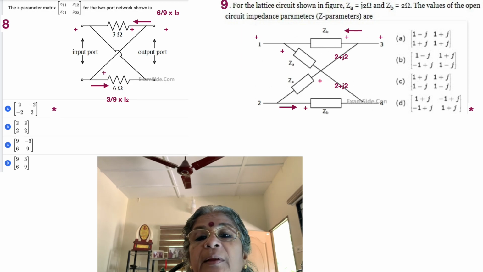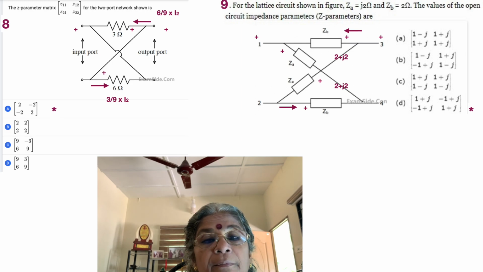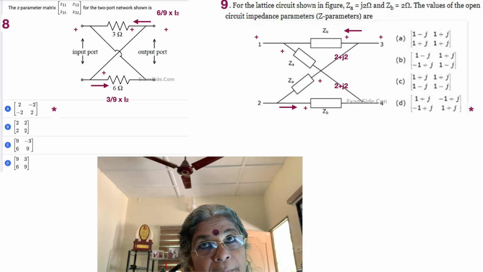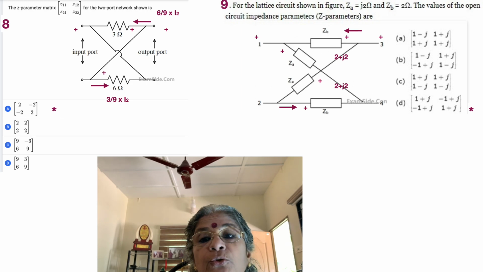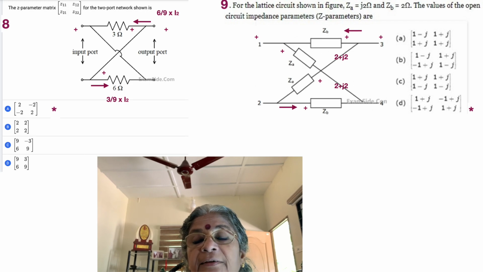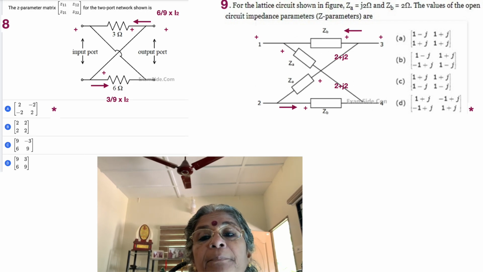The difference between them is going to be J2 plus J2 minus 2, multiplied by 1 by 2 because I by 2 is going to come into the picture. So we see the answer wherein we get minus 1 plus J is going to be the only answer available.